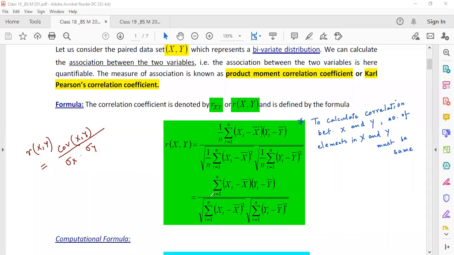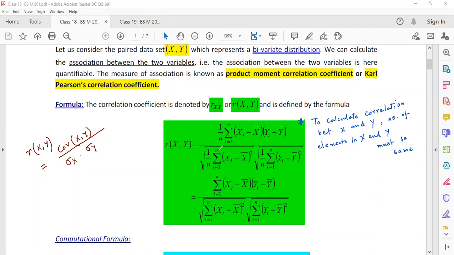Root over summation i goes from 1 to n of xi minus x bar whole square, and root over summation i goes from 1 to n of yi minus y bar whole square, because this is the standard deviation and that is the standard deviation. Actually, this is the formula. Now you can see that in the numerator we have 1 by n, and in the denominator we have 1 by n twice under the square root.